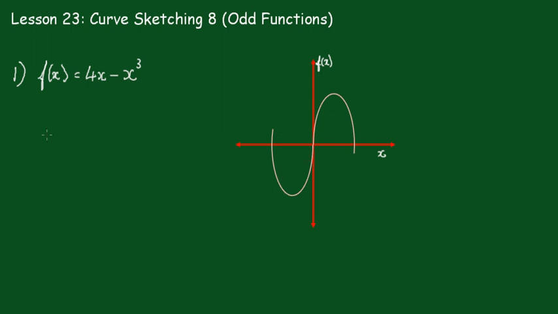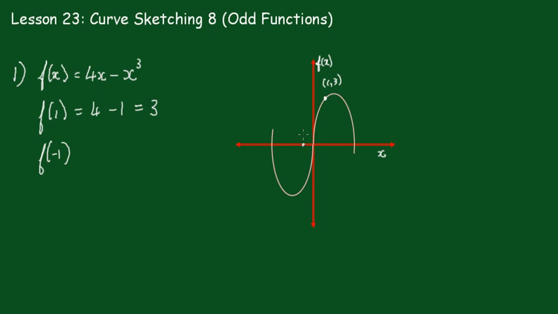Now, if I substitute in, say, 1, we get f(1) equals 4 minus 1, which equals 3. So this point here is the point (1, 3).